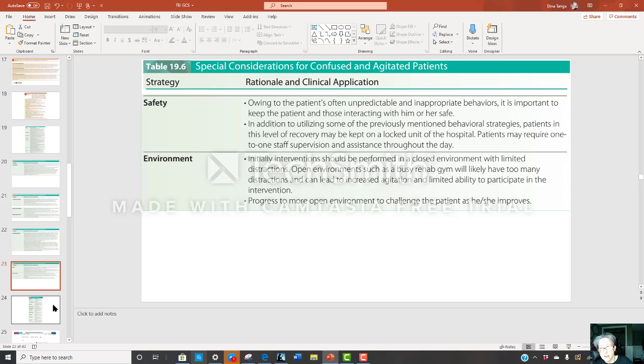They are confused. Yes. So 4, 5, and 6 are confused. So confused and agitated, confused and inappropriate, confused and appropriate. So confused and agitated patients are what? 4, 4, 4, 4. Okay.